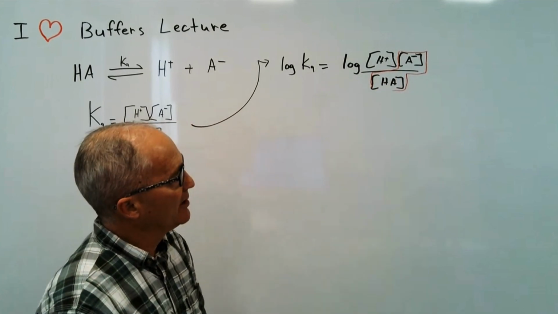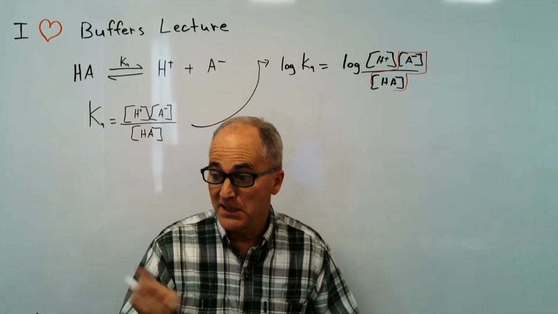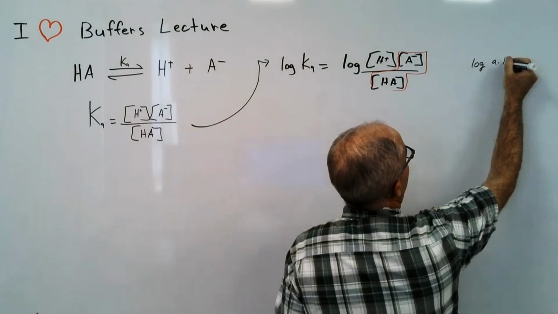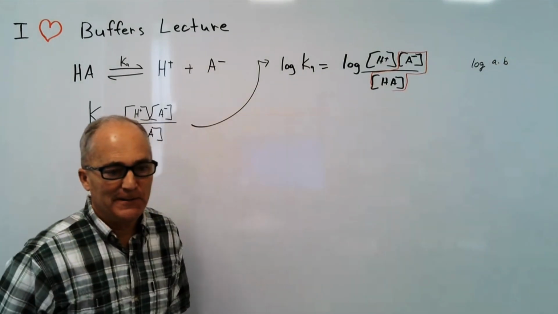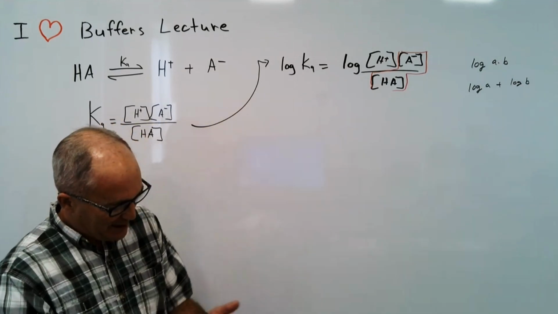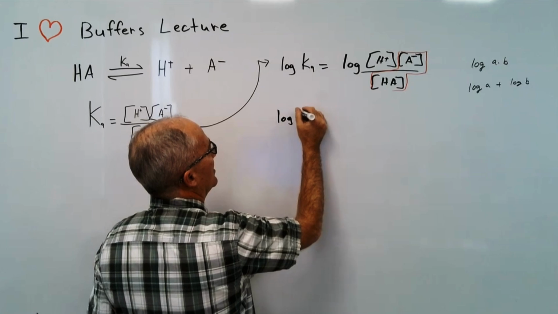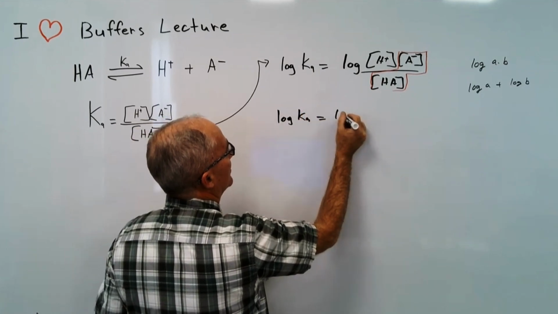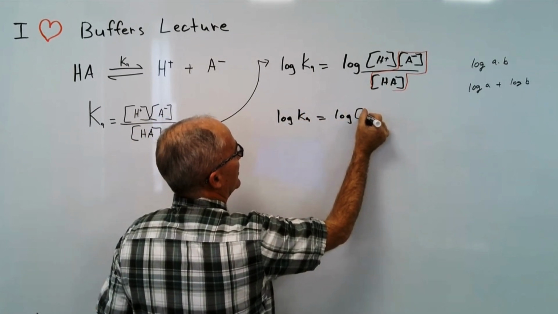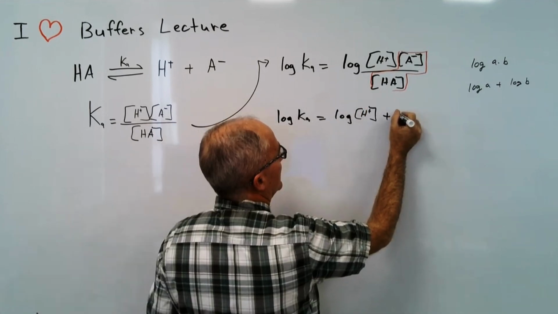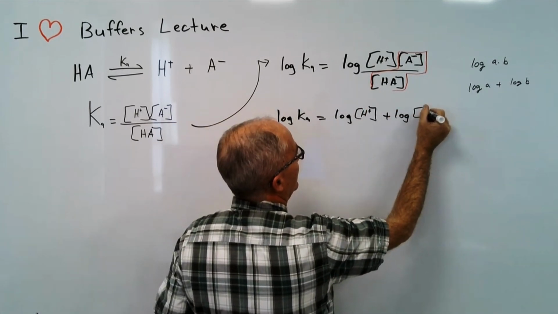So what do you know about your log identities? Log of A times B is the same thing as what? All right, so what that means is, I'm going to write this again, log of Ka equals the log of hydrogen ion plus the log of anion.